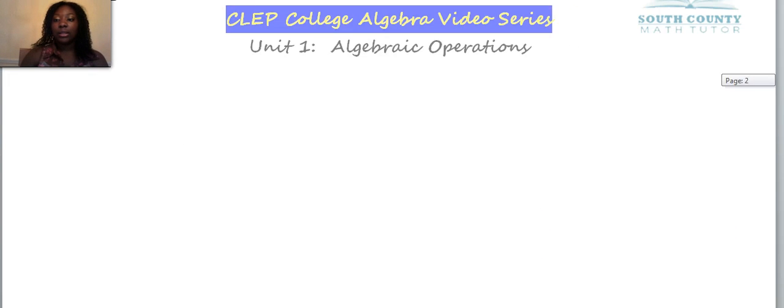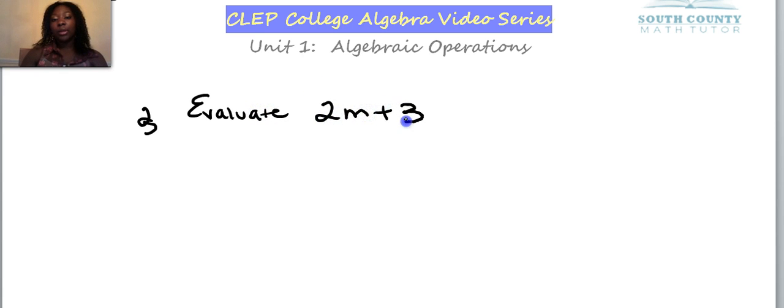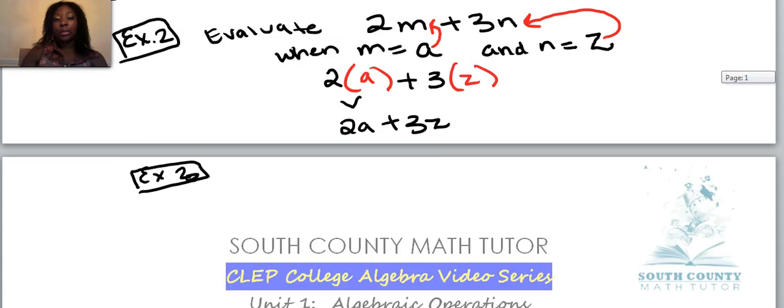Evaluate 2m plus 3n. But this time you have m equals n equals 4. Okay, so this tells you m and n are the same and they both equal 4.